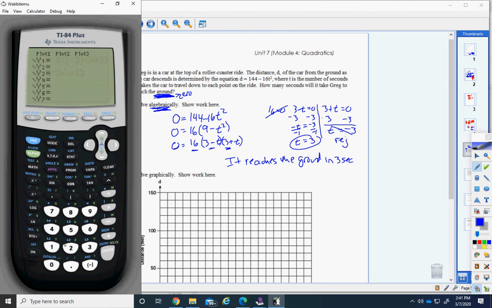the 144 minus 16t squared, and, oh, that's not squared. Try that again. 144 minus 16t squared.